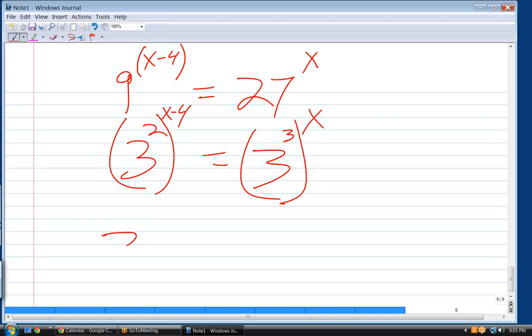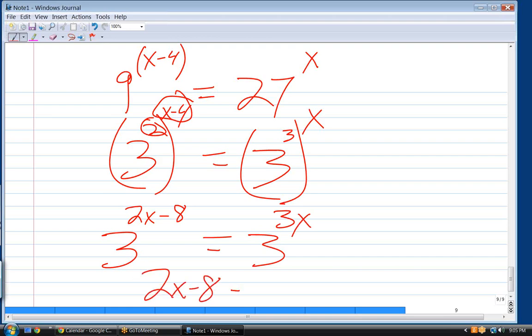So, 3 to the power of 2x minus 4, minus 8. Oh, my bad, minus 8. Multiply that by that. That's why I said put parentheses around it. Equals 3 to the power of 3x. Now you can equate exponents. In other words, the next step is 2x minus 8 equals 3x. Now that's easily solved.